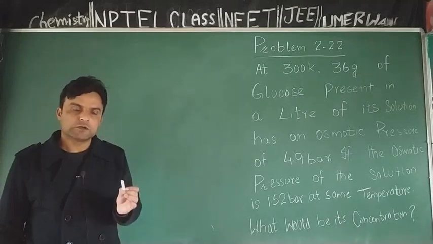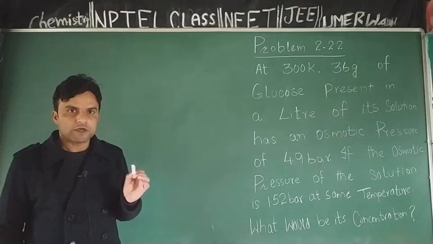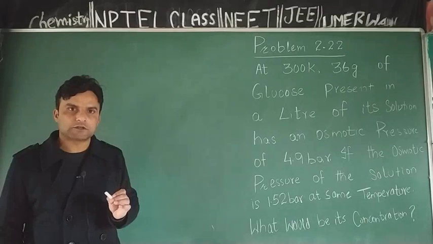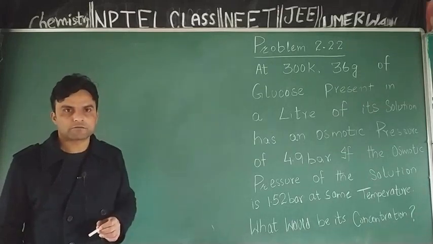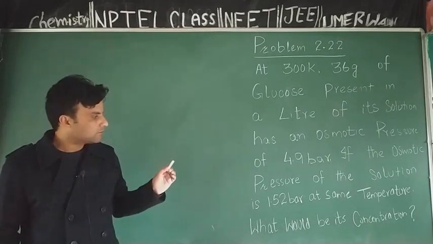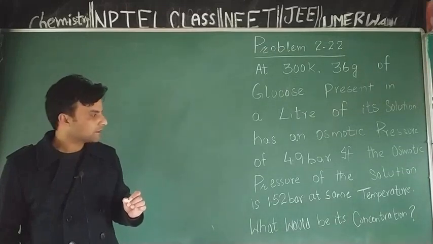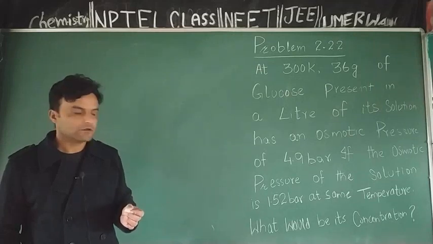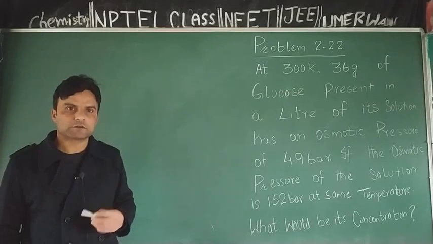Solute is glucose. When 36 grams of glucose are present in 1 liter of solution, that time osmotic pressure is 4.9 bar. Now, if osmotic pressure of solution is 1.52 bar, we need to calculate what would be its concentration.